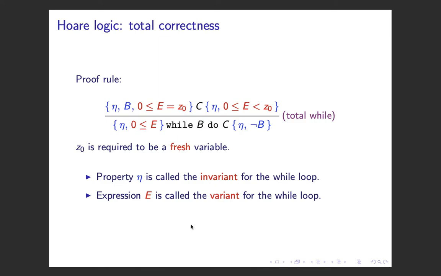So with this rule, we're going to prove a total correctness statement saying that if a program satisfies its precondition, then it does terminate, and it terminates in a state satisfying the postcondition. So this is the relevant rule for the while loop.